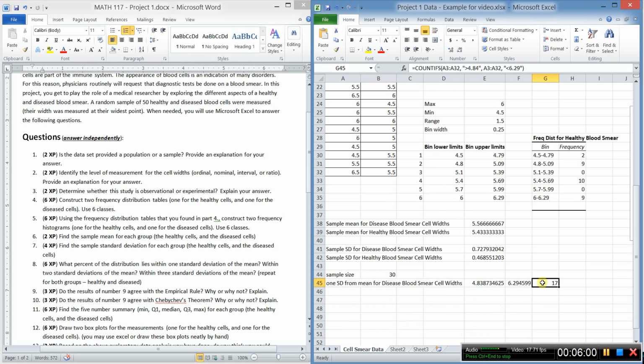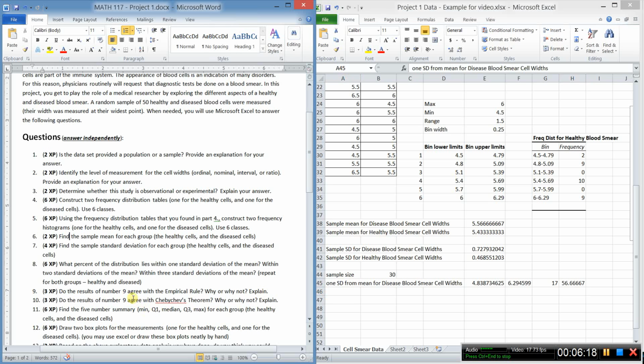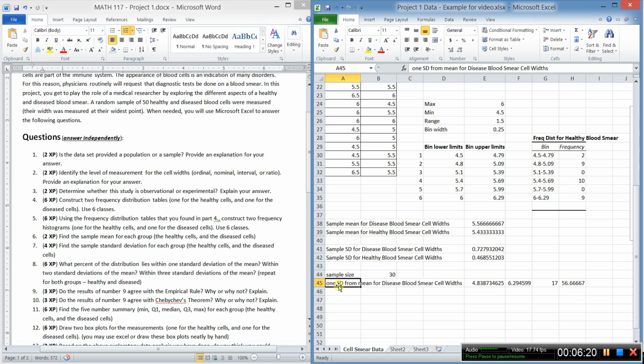So the percentage that lies within these two numbers is going to be 17 divided by 30, so 56%. You could multiply this by 100 to make it a percent. 56% within one standard deviation. Then you do the same thing for the healthy blood smears.